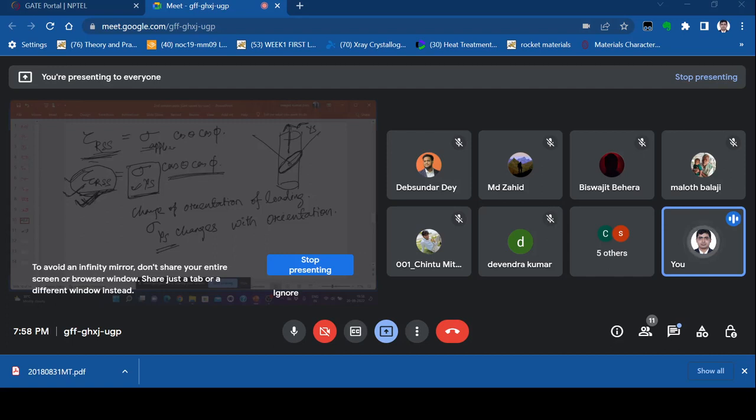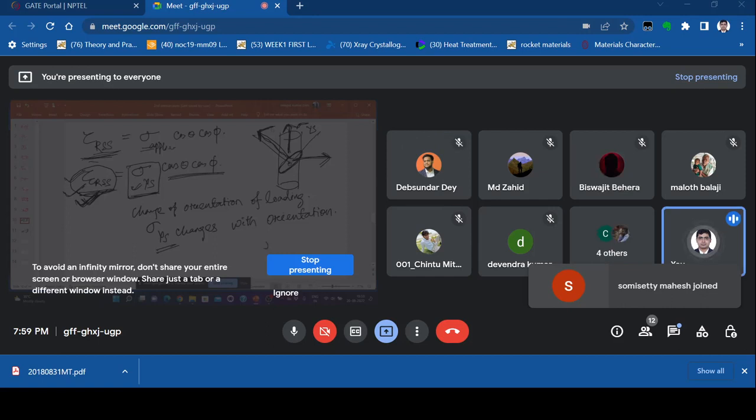So we are loading in this direction, suppose. Now if we load in this direction, orientation will be different. Or we load in some other direction, something different than this. Then according to the orientation, the Schmid factor will be different.